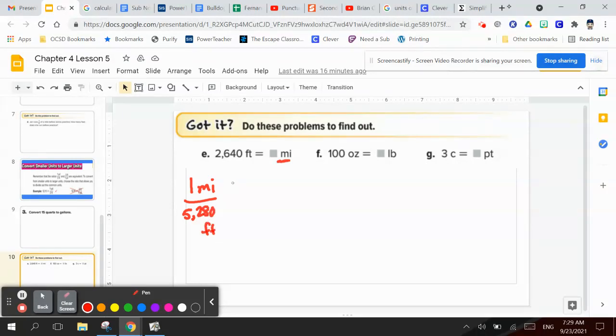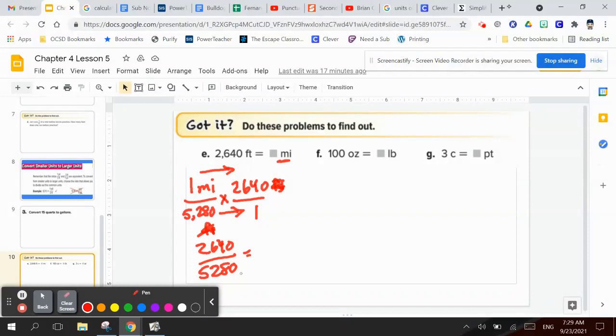I know that I have 2,640 feet. Again, I cancel out my feet before I multiply, and then I multiply. 2,640 times 1 is 2,640. 5,280 times 1 is 5,280.